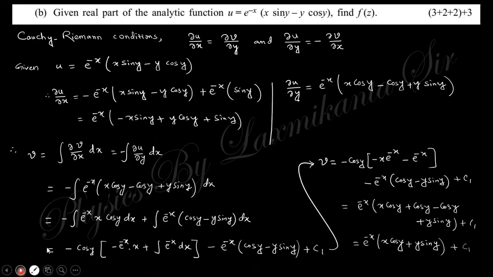Next question. The real part of an analytic function is given here. Find f of z. So the Cauchy-Riemann condition says this. From u we get del u del x and del u del y, and from here you will get the value of v by integrating del u del y like that.